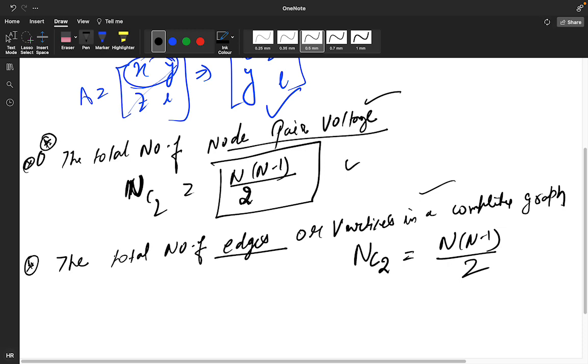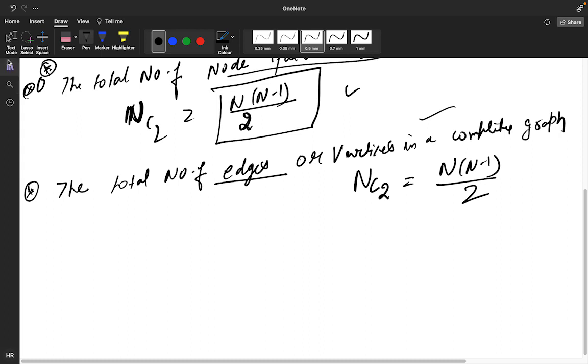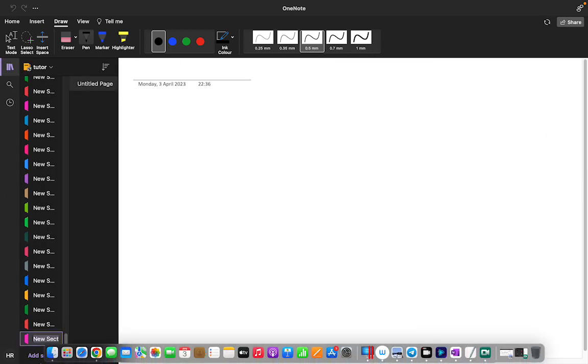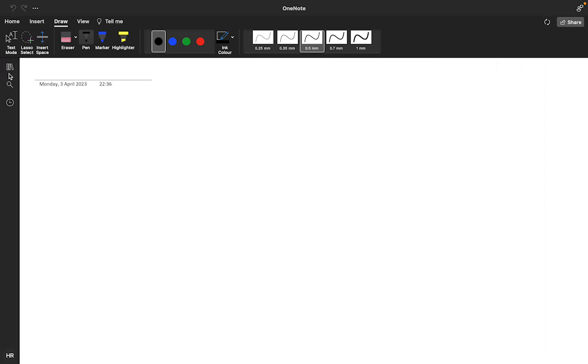And there is one concept of tie set matrix. Like if I am giving you one question, first write the question, then I will tell you the procedure.